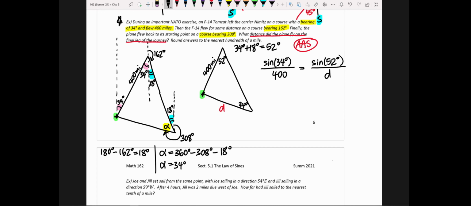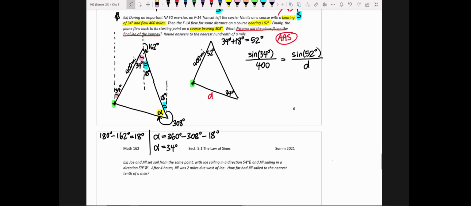The most difficult part for these problems is setting up your triangle. Once you've set up your triangle, it becomes an easy algebra equation. And now we can set the diagonal products equal to each other. We have d sine of 34 degrees is equal to 400 sine of 52 degrees.